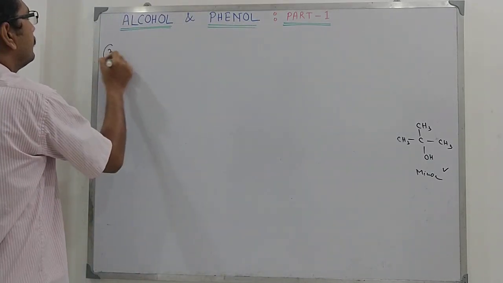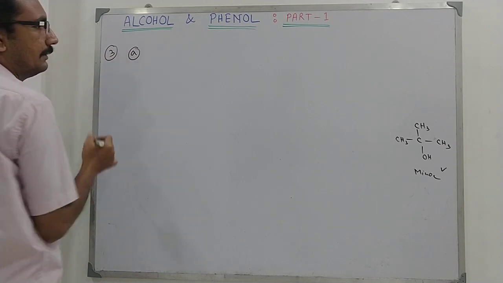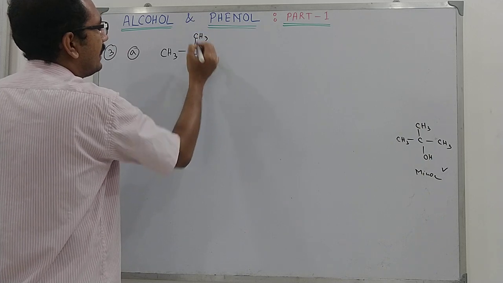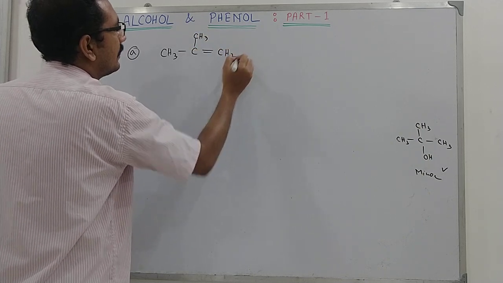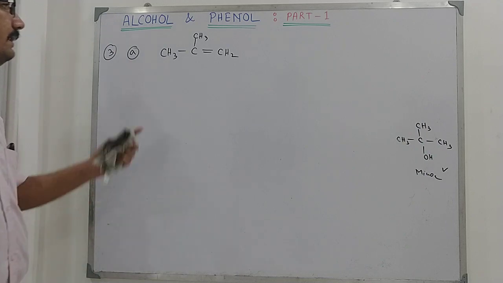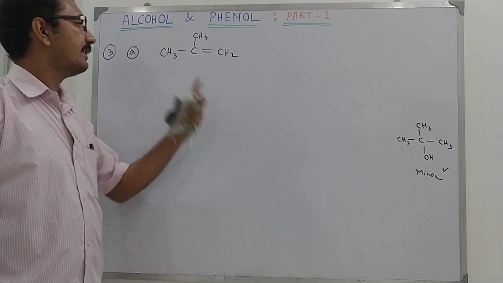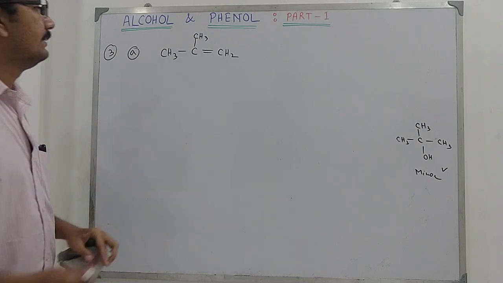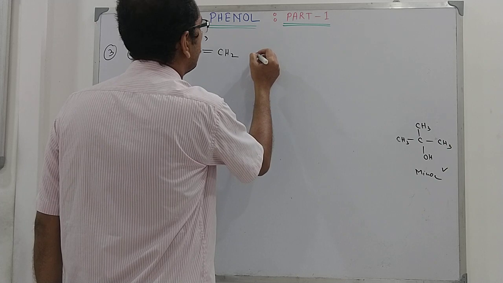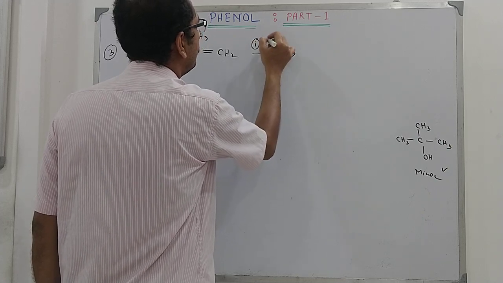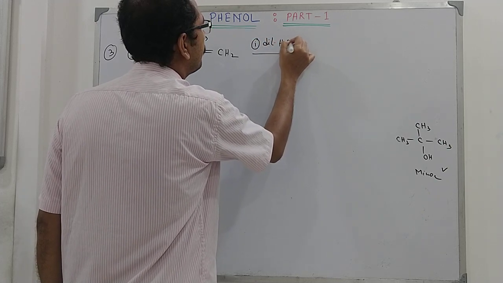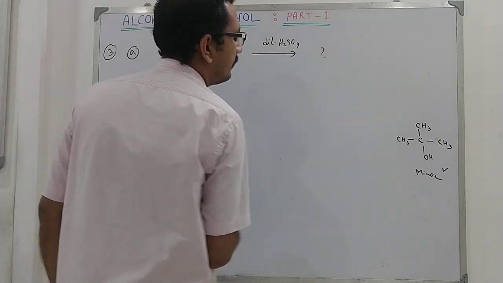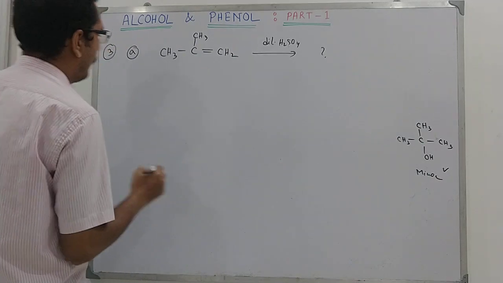So in reaction 3, for this reaction to happen, you must start with reactive alkenes, not ethene. It will also give us product, but to have a greater yield, you must start with reactive alkenes like this one. This is 2-methylpropene. So here we will give dilute H2SO4. Let us see what this gives us.